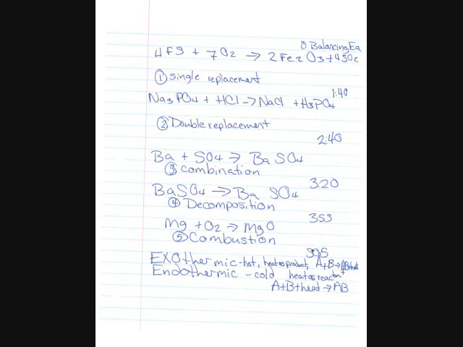And then combustion, that's basically any time you have something combined with oxygen. Basically any time you burn something. Okay. So remember those 5 types. So when we're looking at the lab this afternoon, we'll be looking at what kind of types of reactions we have.